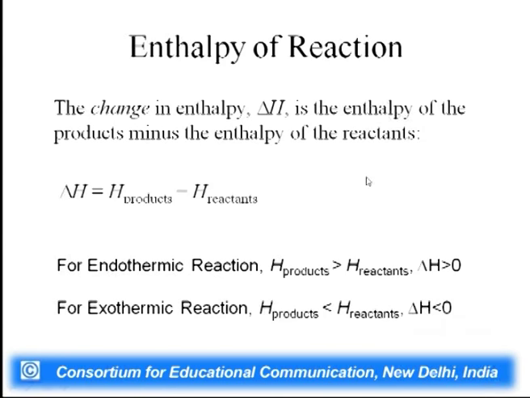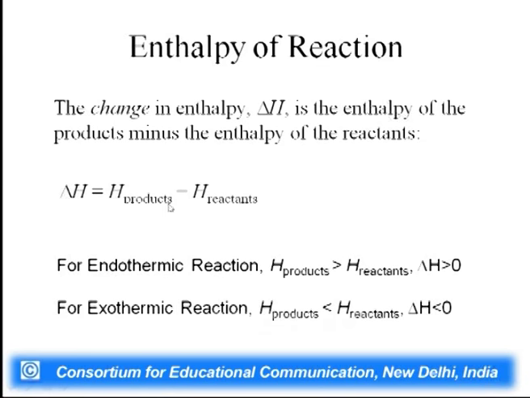So, heat released or heat absorbed is basically equal to the enthalpy of the reaction, because mostly reactions take place at constant pressure. Change in enthalpy is the total enthalpy of products minus the total enthalpy of reactants.